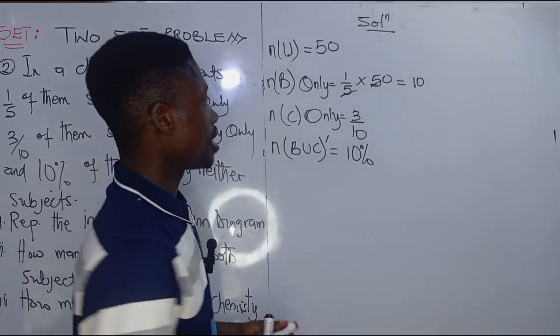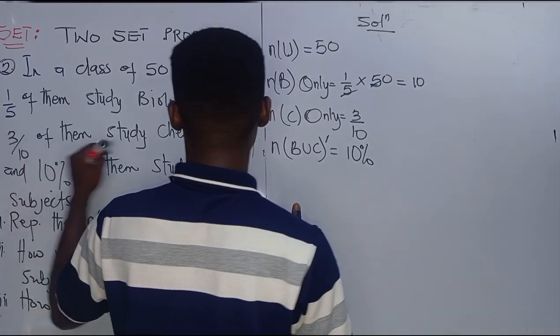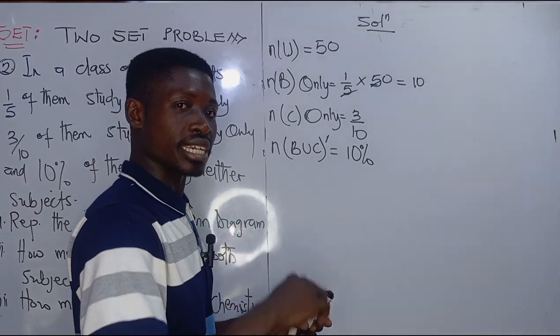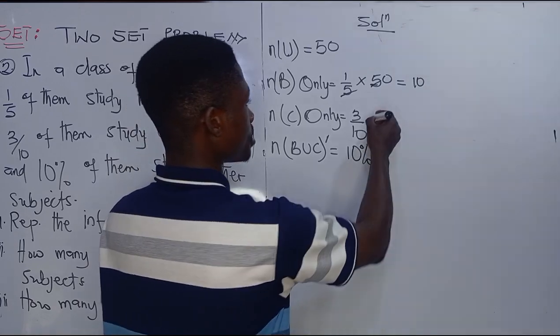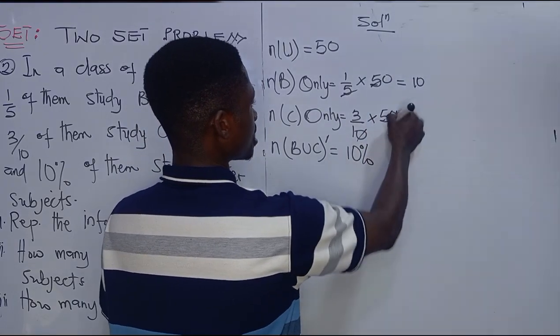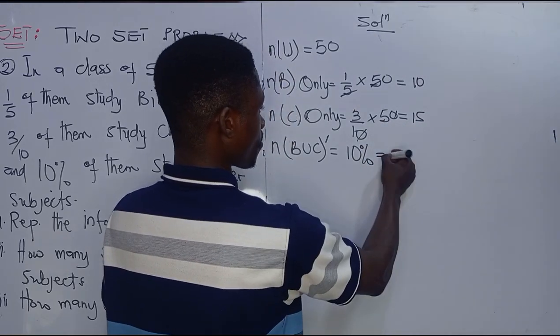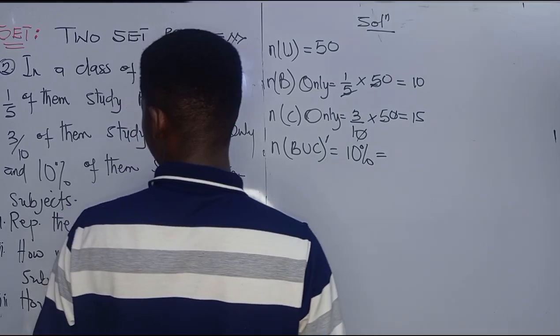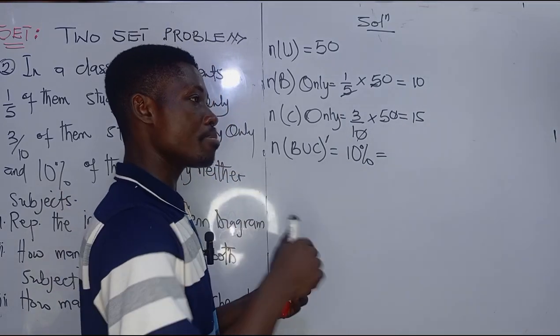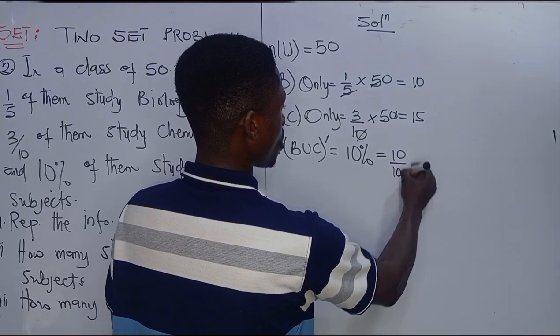Then we also have 3/10 of the students. So that is 3/10 times 50, and this gives us what? 15, right? Good. And then we also said that 10% of the students, so 10/100 of what?